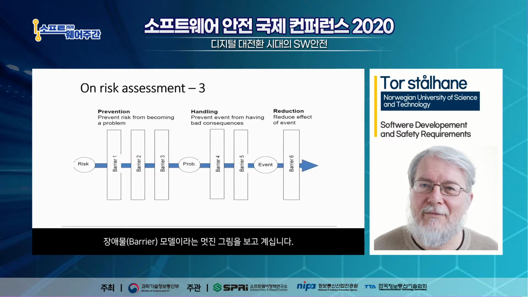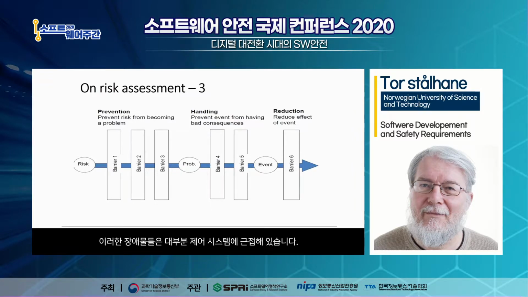A nice way to look at this is as a barrier model. We have the risk, we have barriers preventing the risk from becoming a problem, we have handling, which prevents events from having bad consequences, and we have barriers reducing the effect of the event, at least.